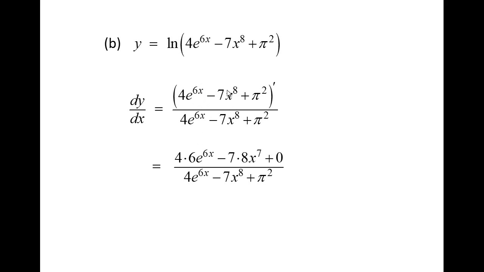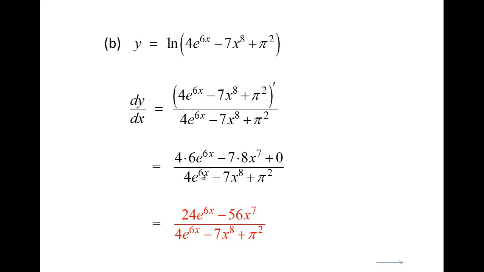The derivative of the middle term would be 7 times 8 x^7. The derivative of pi squared would be 0 because pi is a constant. So here we get 24e^(6x) minus 56x^7, divided by 4e^(6x) minus 7x^8 plus pi squared.